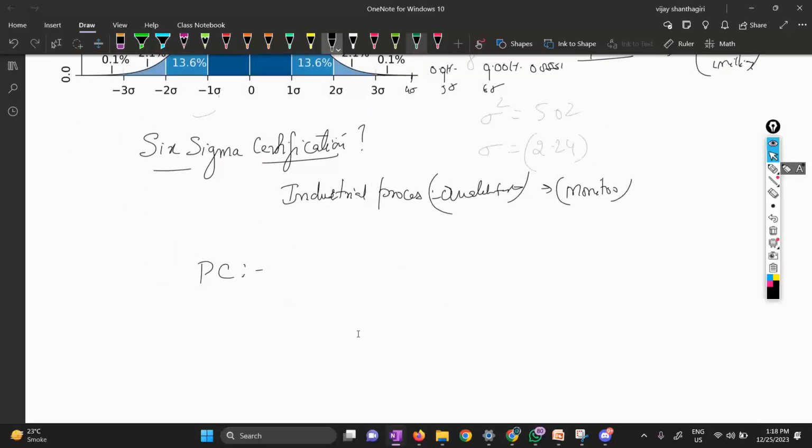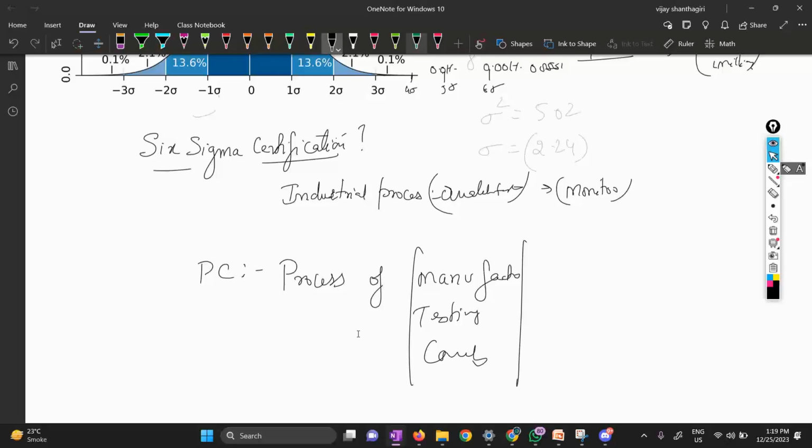The industrial process, the process of manufacturing, testing, and compliance and all this should be so strict that at the max you can get one fault out of what you are selling. Satellites launching, correct? One fault out of 1 million.